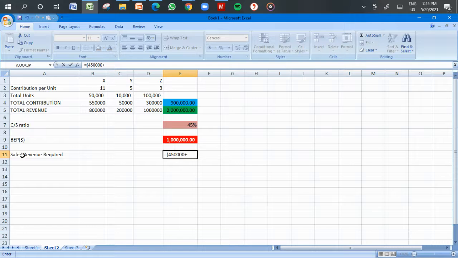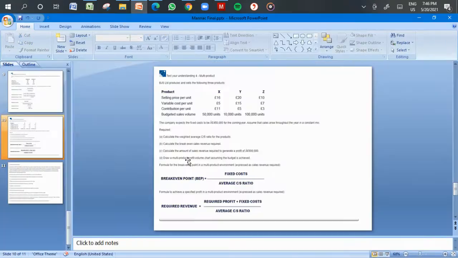Then we add the required profit. In this case, we require 600,000. Then we divide by the weighted average contribution to sales ratio. So this becomes our sales required to achieve that level of profit, the 600,000 profit. Okay, so this is how you calculate it.